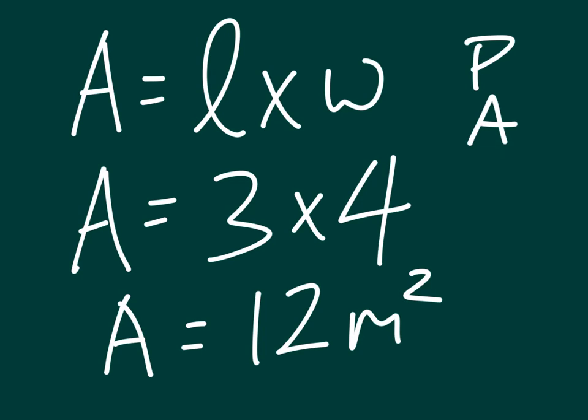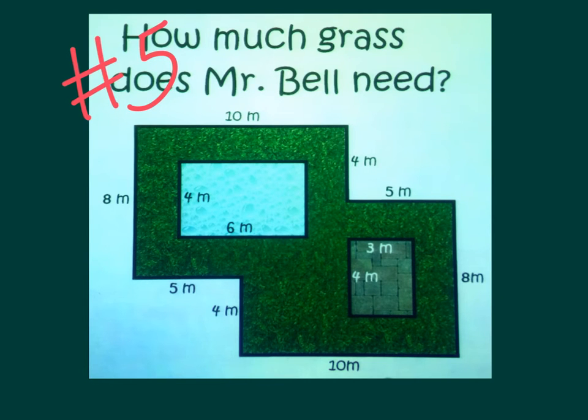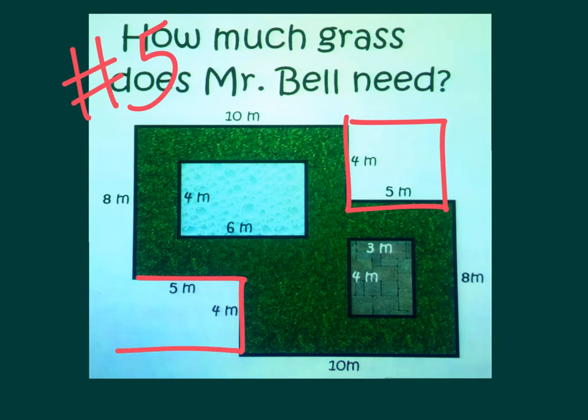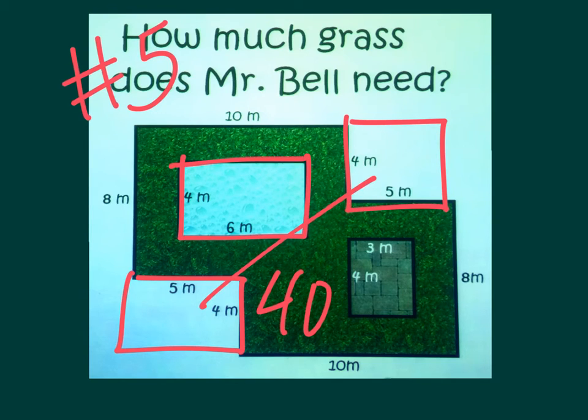That is our patio. So let's see all of our different measurements we've got. We had this rectangle and this rectangle that had a combined area of 40 meters squared. We had our pool, which had an area of 24 meters squared, and we had our patio that had an area of 12 meters squared.